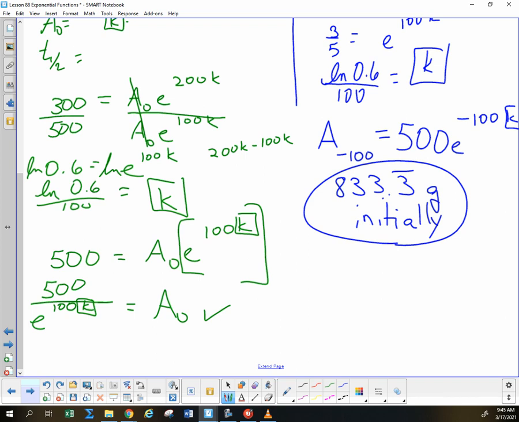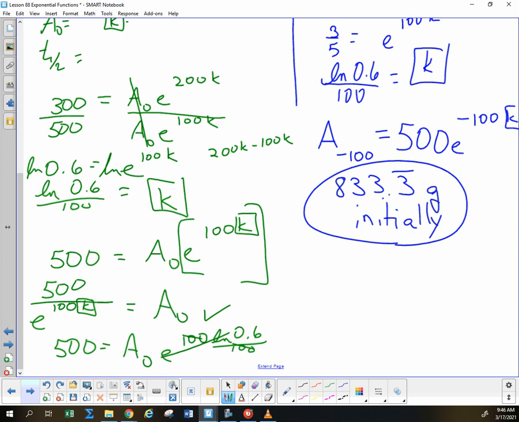The other way you could do it is you could say, wait a minute, I know that k is natural log 0.6 over 100, so my hundreds are going to cancel. And I know e to the ln cancels, so that's just 0.6.